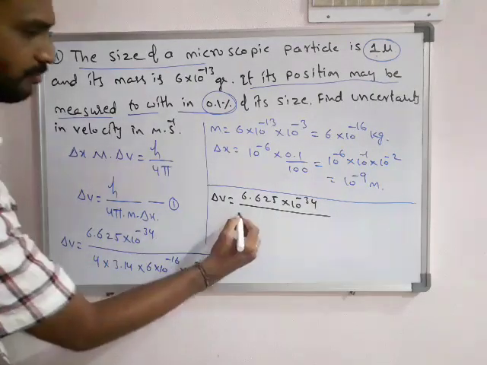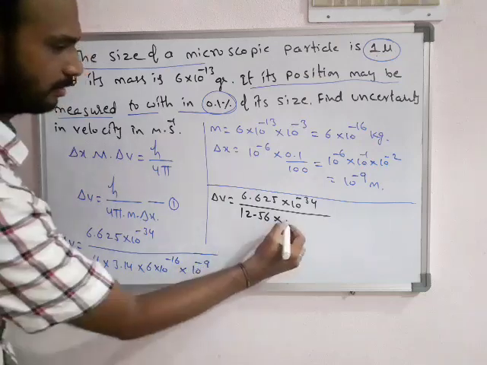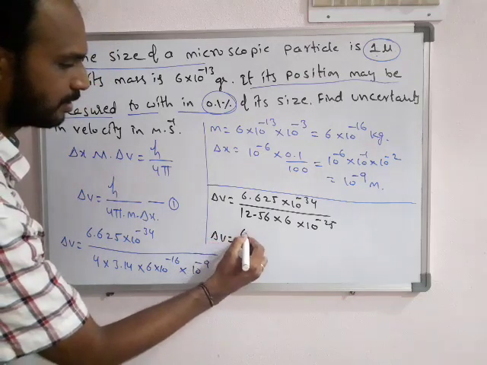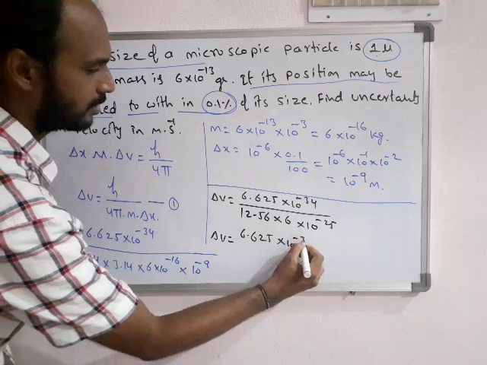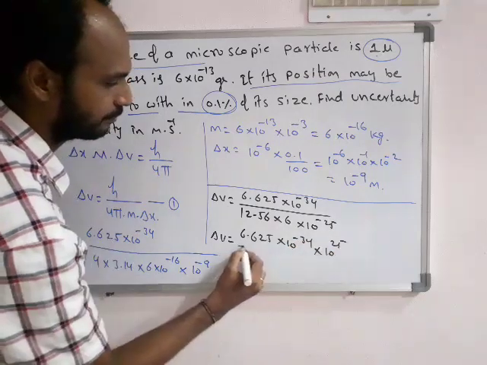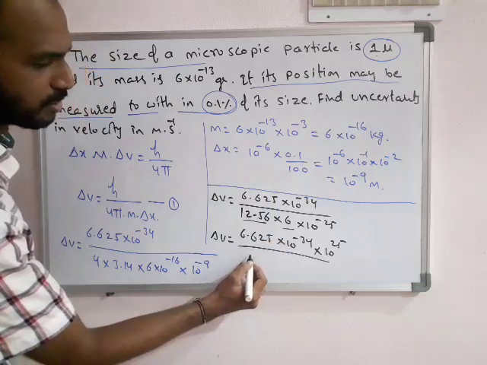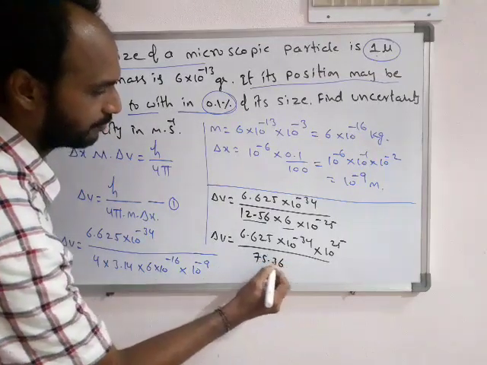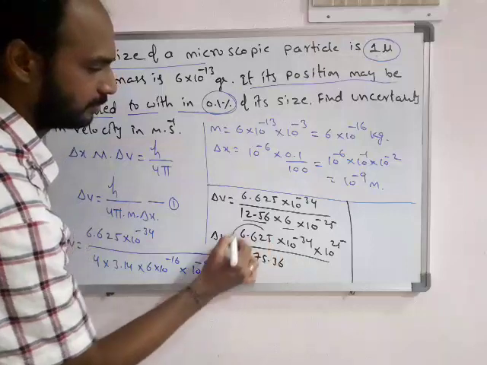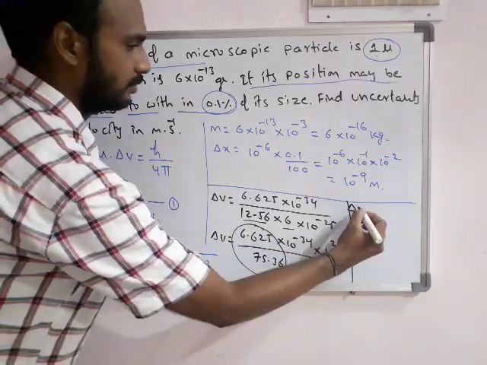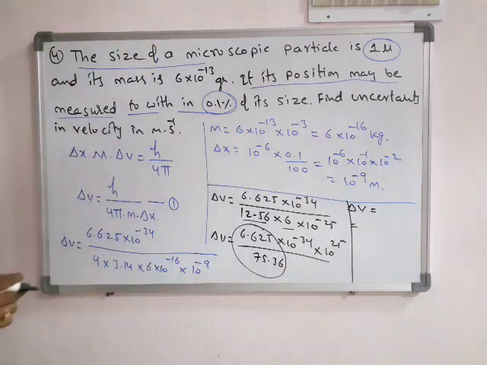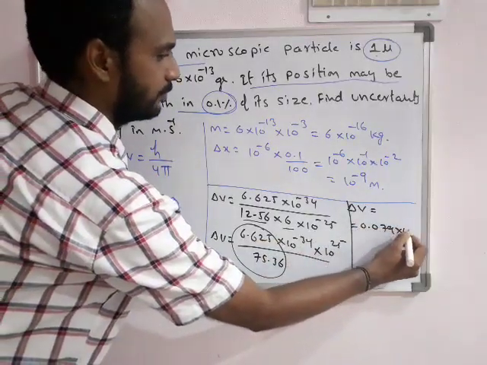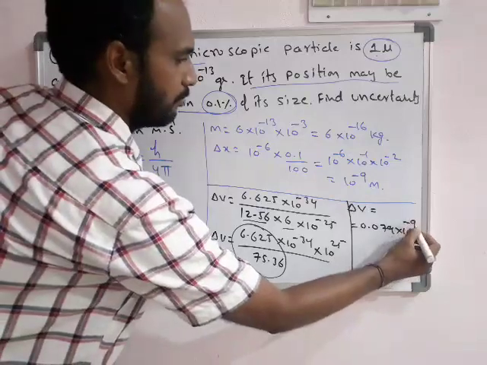Okay, so on this calculation we will get 12.56 into 6, that is 75.36. So again on this calculation, here we will get approximately 0.079 into 10 power minus 9.